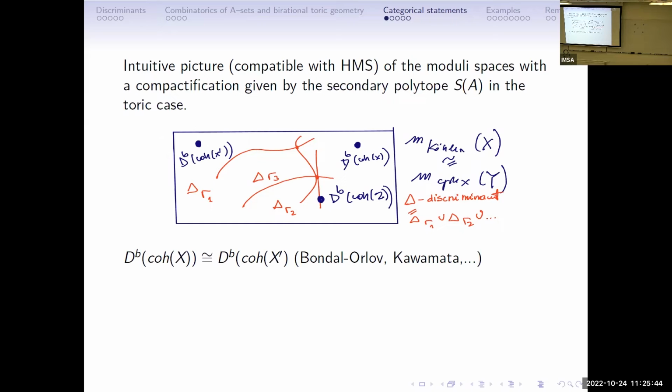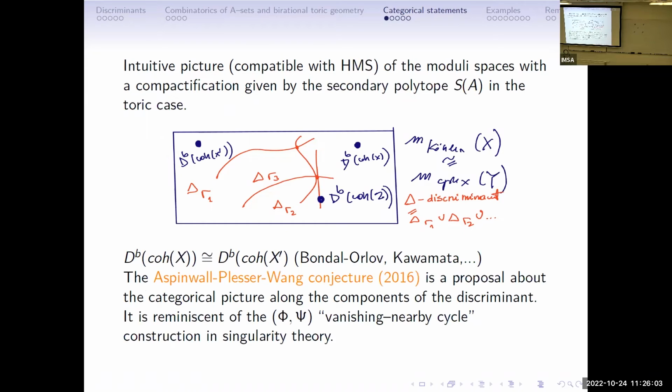Now, what's interesting about this story, what bothered me for a long time, is the question about what's going on along the discriminant loci. If you think about singularity theory and discriminants, there is some kind of method for dealing with this, and that's what this conjecture of Aspinwall, Plesser, and Wang in 2016 is, a proposal for this categorical story of discriminants.